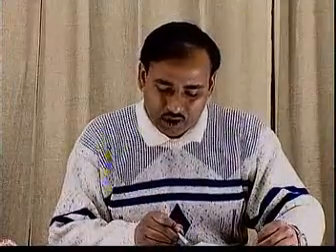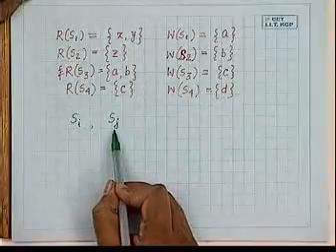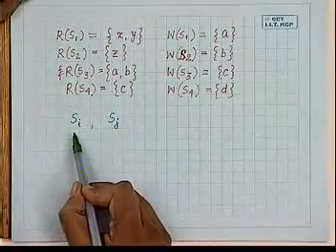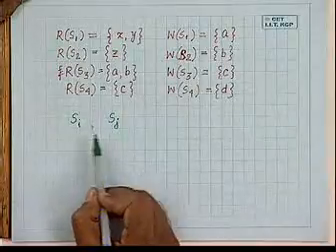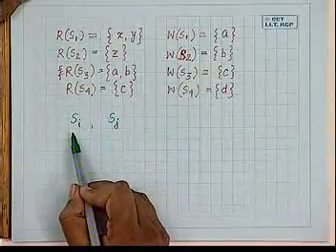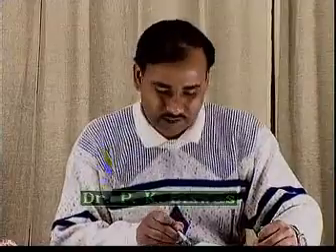So if the write set of Sj does not intersect with the write set of Si or the read set of Si, okay, similarly, if the write set of Si does not intersect with the read set and write set of Sj, then Si and Sj can be executed concurrently.